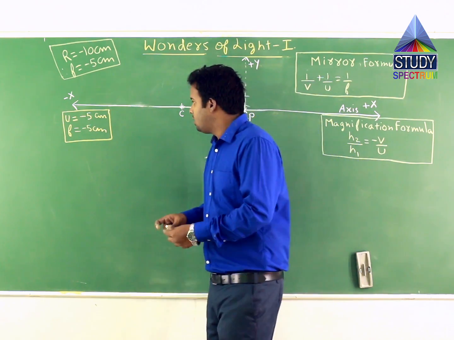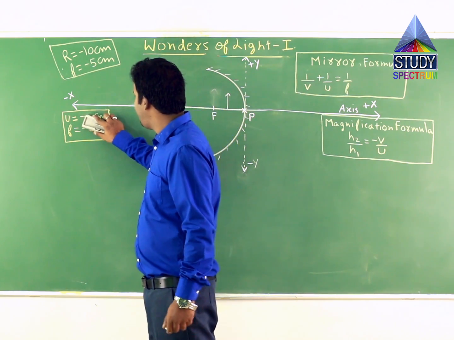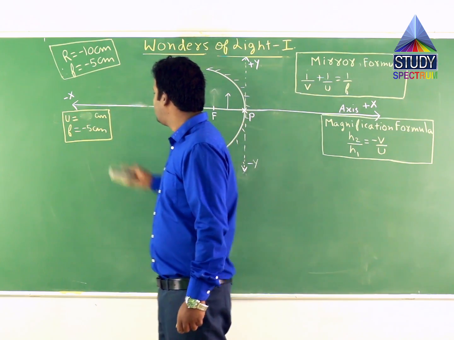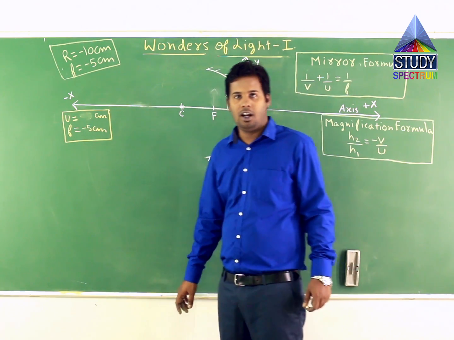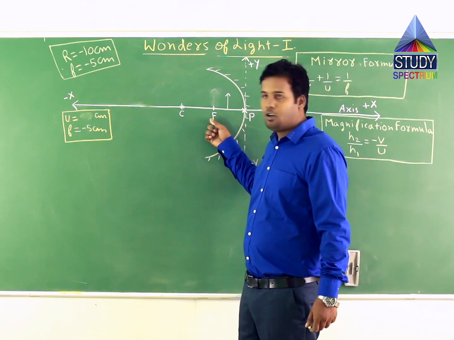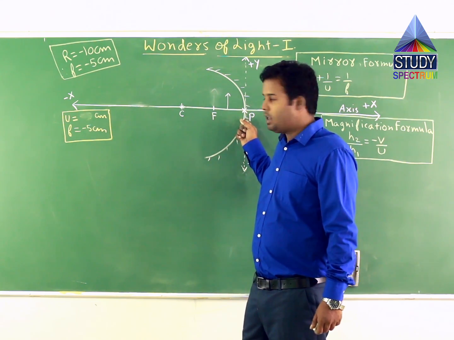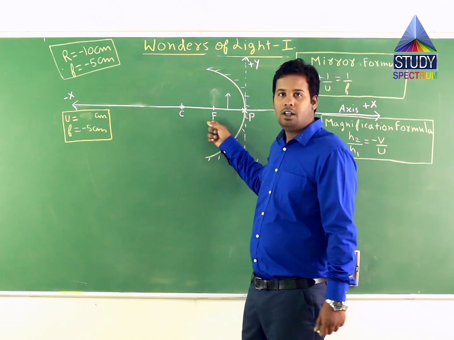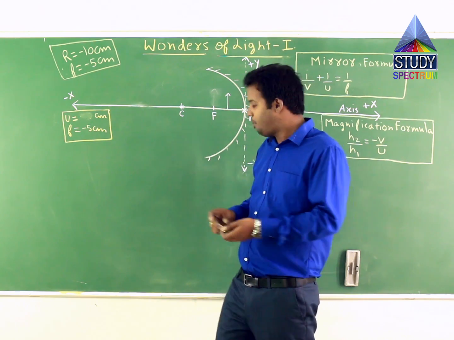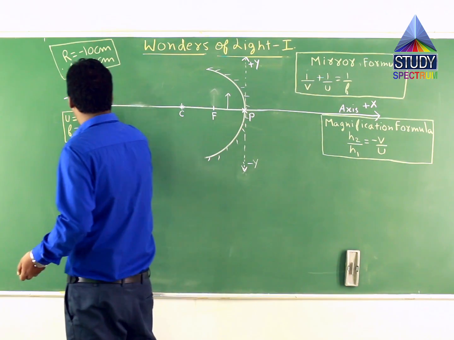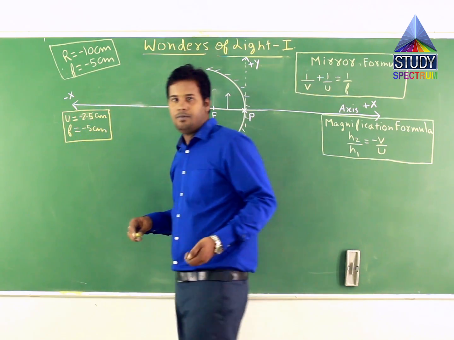Now since the object is placed between focus point and pole, the distance of the object from the pole will also change. Correct? Now since the focus point is -5, and P is origin 0, we can take any value between -5 and 0. For convenience, we will take -2.5. Why?